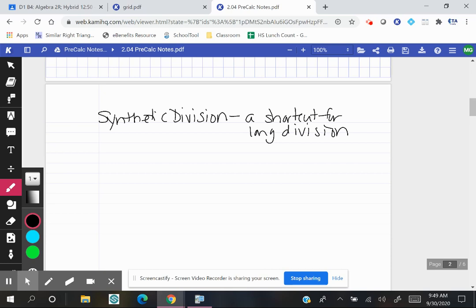So it only works if your divisor, or what you're dividing by, is in the form of x minus k. So x minus a number or x plus a number. Or x plus k, because that's just x minus a negative k.